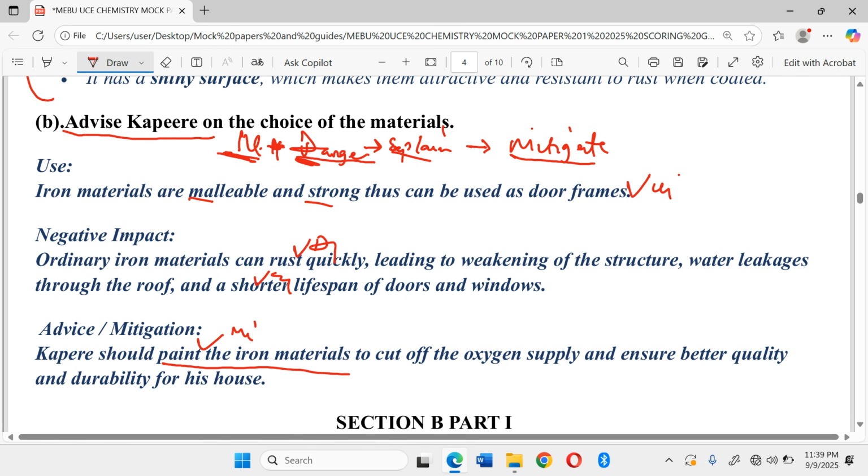So you can see that in this case, we have been able to respond very well. We have been able to give advice to this man, Capelli, letting him know the importance of this material. But if you throw any iron material anywhere, it will rust quickly, and also it will lead to weakening of structure, water leakages through the roof, and shortened lifespan of the doors.